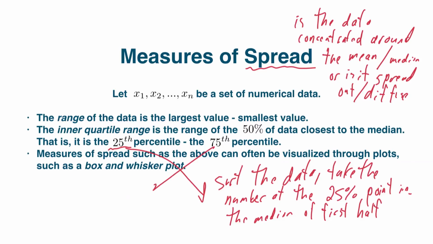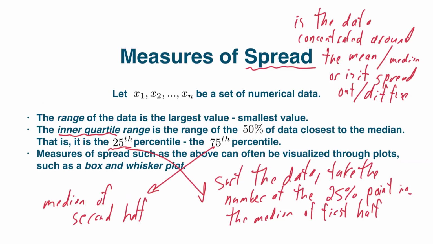For the 75th percentile, you take the median of the second half. So these two numbers sort of tell you where the middle 50% of your data lives. The difference between the 75th and 25th percentiles is called the interquartile range. It gives you some idea of how closely your data is concentrated around the median.